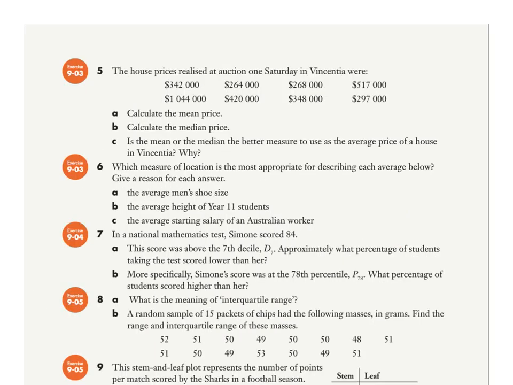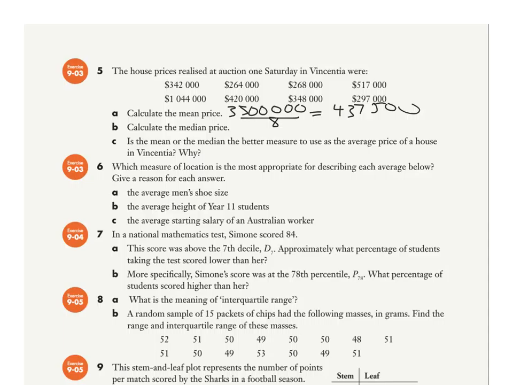Alright, the house mean price. Okay, add them all up, and you get 3,500,000 over 8 prices, and you get 4,375,000.